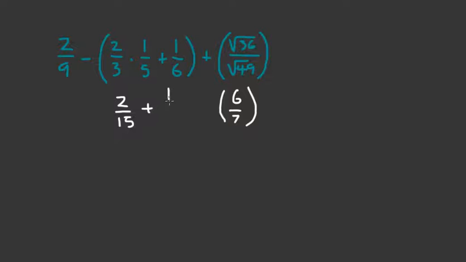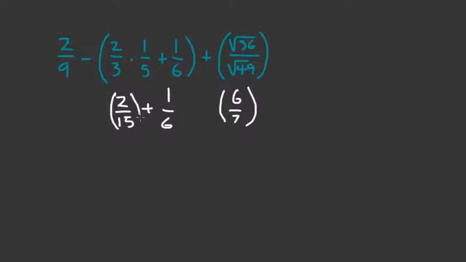plus 1/6. Now we're not done there because we need to put those together. In order to do that, we need to find the least common denominator, or the smallest common multiple, of 15 and 6. I would say it's 30 because 15 goes into 30 and 6 goes into 30.